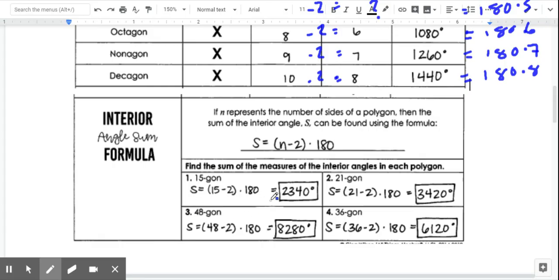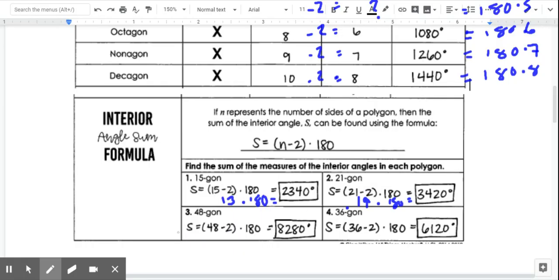So we've got some examples here. If we have what we call a 15-gon, there's no special name, you just say 15-gon. The interior angles equal 15 minus 2 times 180. So 15 minus 2 is 13, times 180, which equals 2340. If we have a 21-gon, you do the same thing. You just plug that into your formula. 21 minus 2 is 19, times 180 is 3,420.